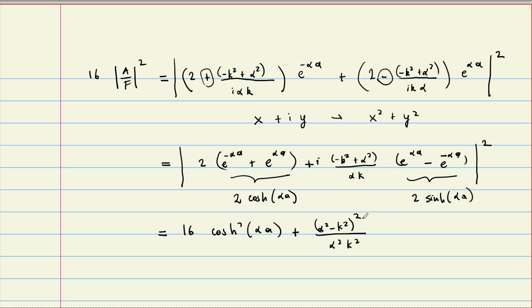And I feel like I missed this factor of 2. This is also going to be 4 squared. Right? No, there's no 2 here. This is going to be 4 sine hyperbolic squared alpha.